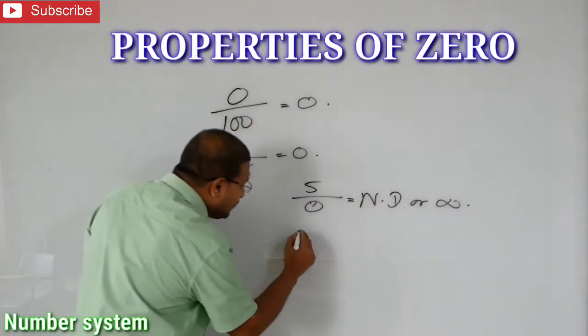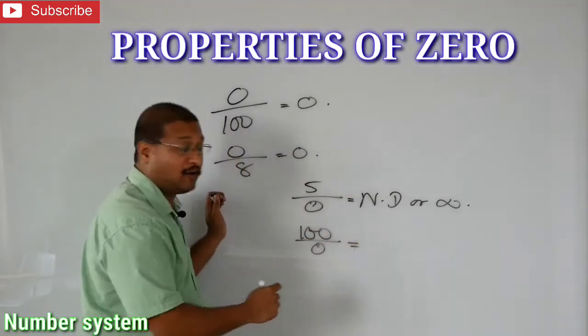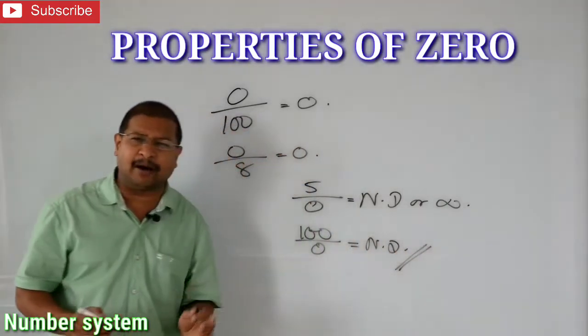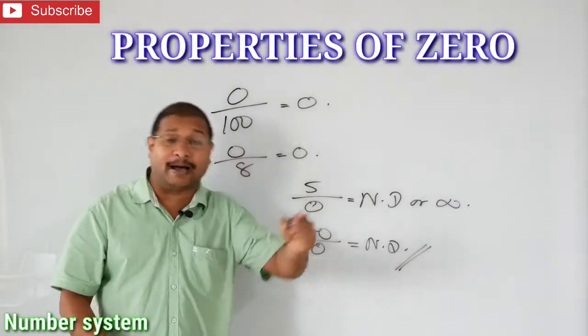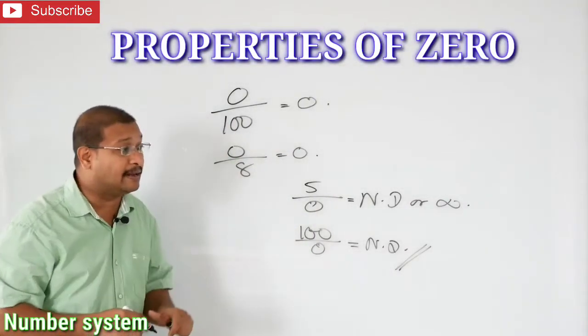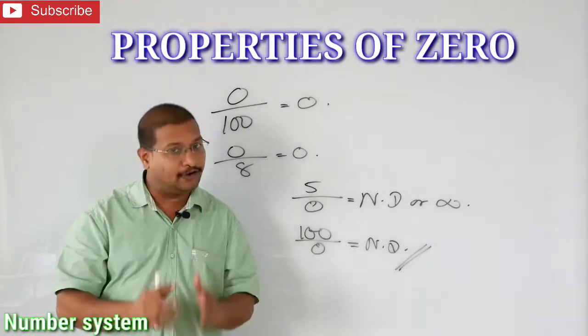That means 100 divided by 0, we are going to get only not defined. So very careful. Any number divided by 0 is not defined and 0 by any number is 0.